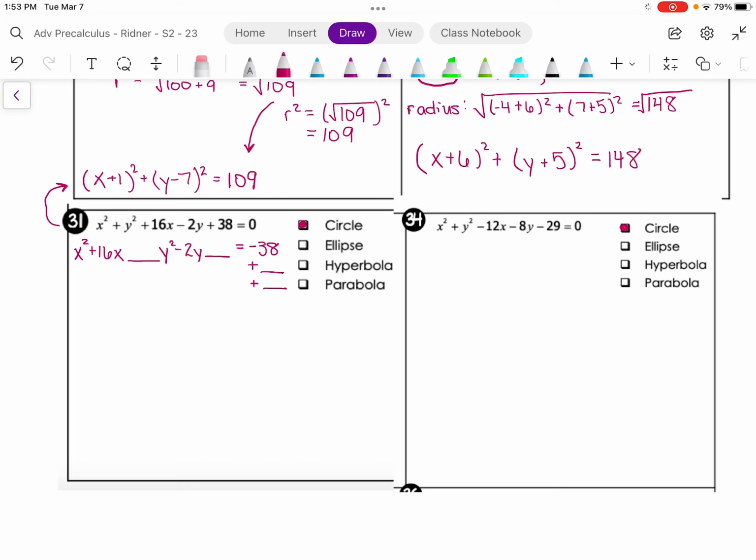So what I need to add is always, thinking about this as A, B, C, B over 2 squared. So in this one, it's going to be 16 divided by 2 squared. Think about those balancing scales from science. What I add to the left, I must also add to the right.